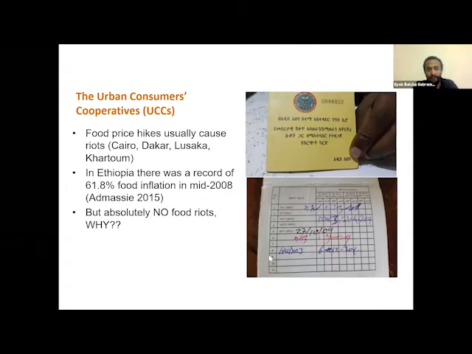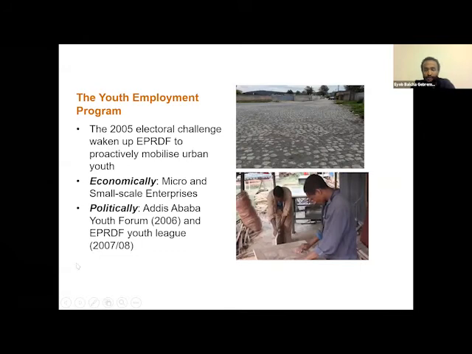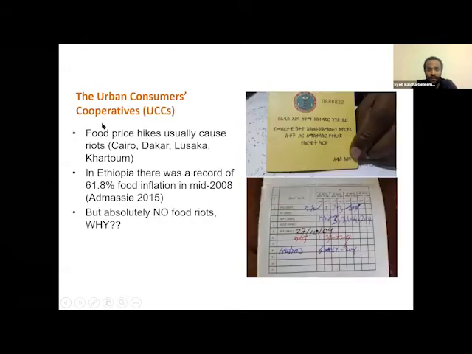In my case study of the urban consumers cooperatives, in many countries, mainly Middle Eastern and African, price hikes in essential food items cause food riots, political chaos, and sometimes violent conflict. Capital cities are the primary center of such situations. In Ethiopia, in 2008, there was a record 61.8% food price inflation, but it never caused any riot or political problem.